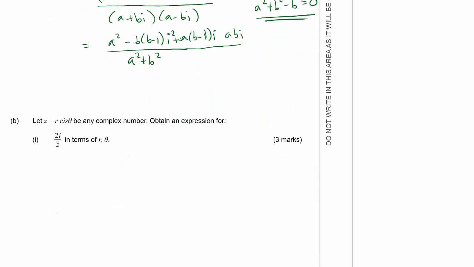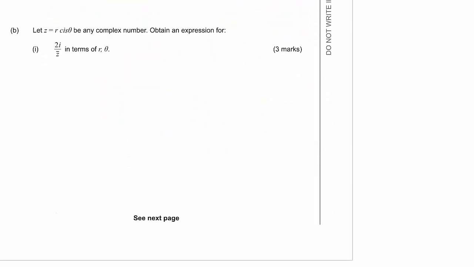Okay, so let z be equal to r cis theta be any complex number. Obtain an expression for 2i over z bar. Well, of course, z bar would be r cis negative theta, because remember it's a reflection in the real axis. And so what we have is 2i over z bar.